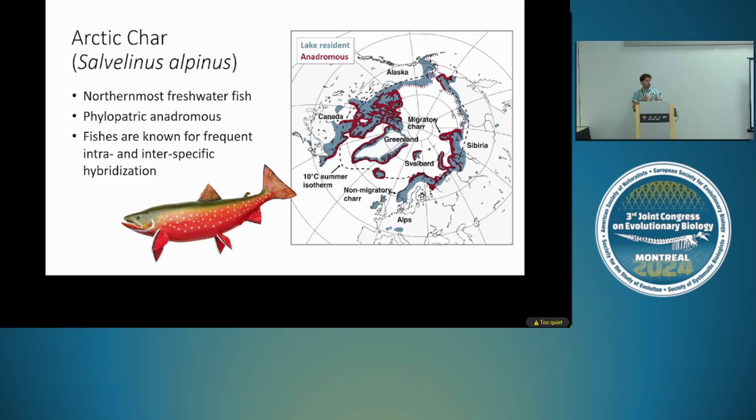It is a philopatric and sometimes anadromous fish, as you can see in the red distribution, meaning that it goes to sea to feed and comes back to fresh water. So there's a lot of dispersal potential also. And fishes are known to have frequent intra- and interspecific hybridization.